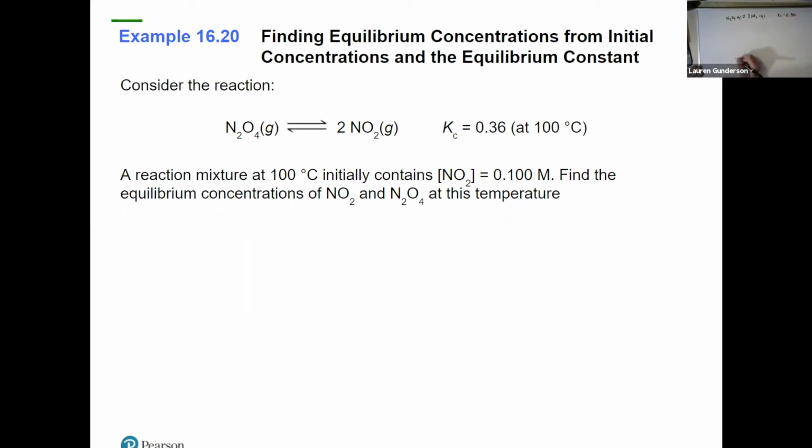Okay, and here it tells us that our reaction mixture at 100 degrees Celsius initially contains 0.100 molar NO2. Find the equilibrium concentrations of everything at this temperature.